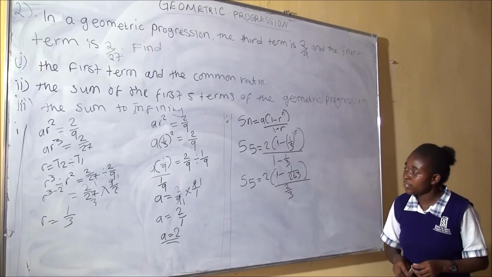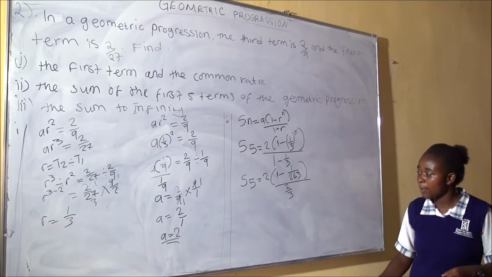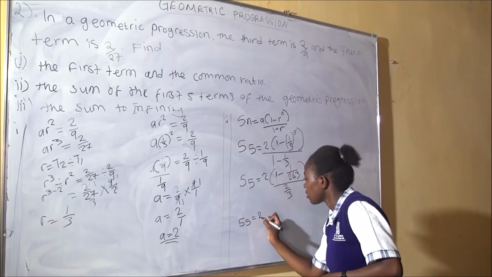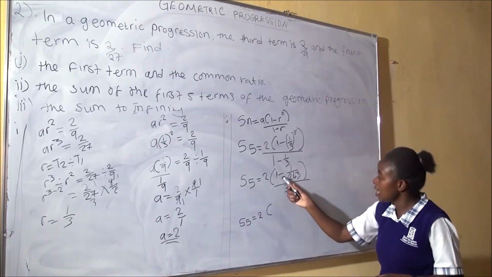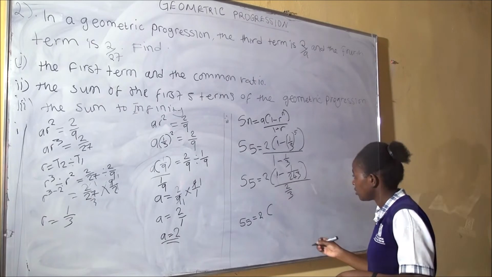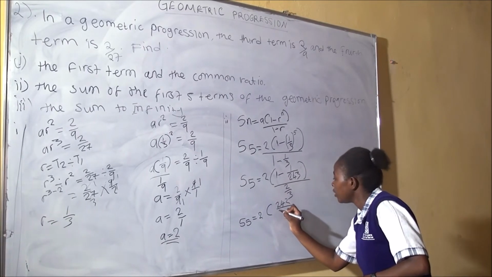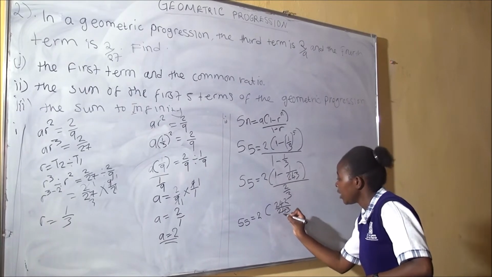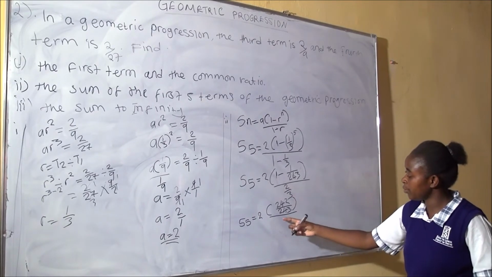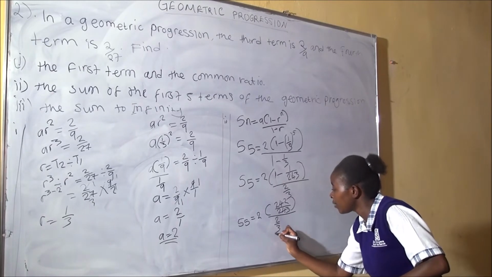Then after that, we'll subtract this from this, which will be 1 minus 1 over 243, we will have 242 over 243. Then over, we still have this equation, we bring it down, this number, we bring it down again, we have 2 over 3.